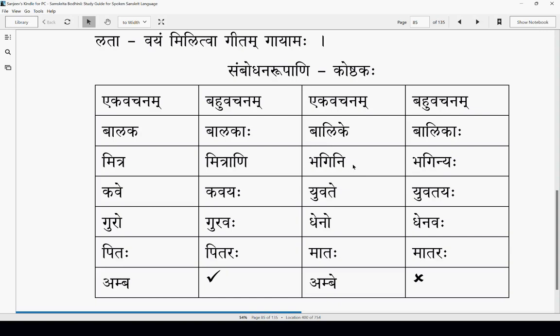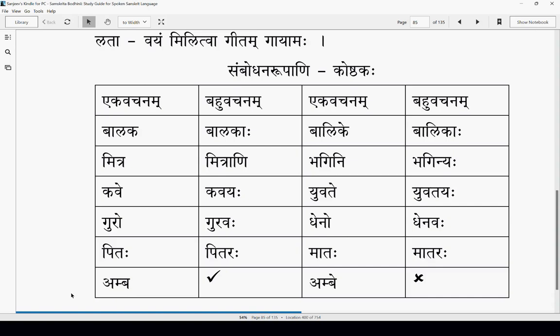Sambodhanam is Hrasva, like Bhagini, Parvati, Nalini, Gayatri. Then Bhaginyaha, that doesn't change. Yavate, the Hrasva Ikaranta, Yavati, like Mati, Yavate, Yavatayaha, then Dheno, Dhenamaha, Mataha, Mataha. The only exception here is Amba.